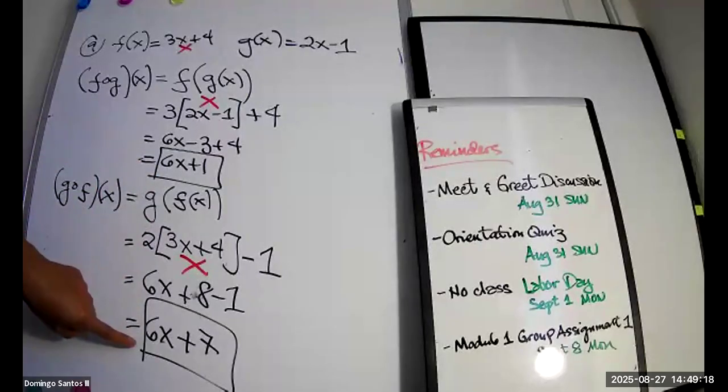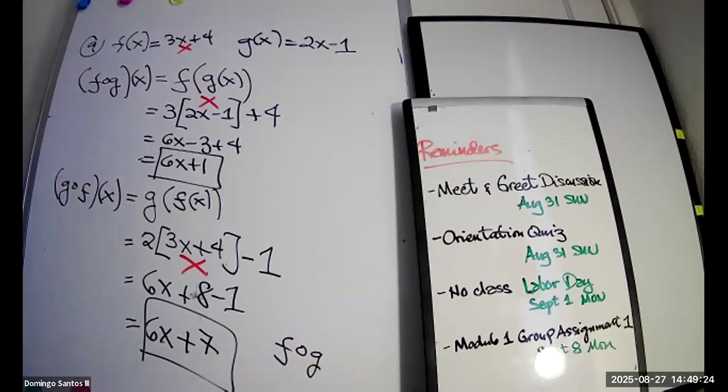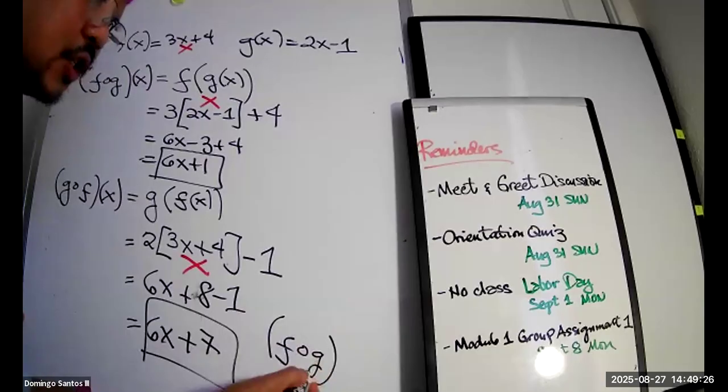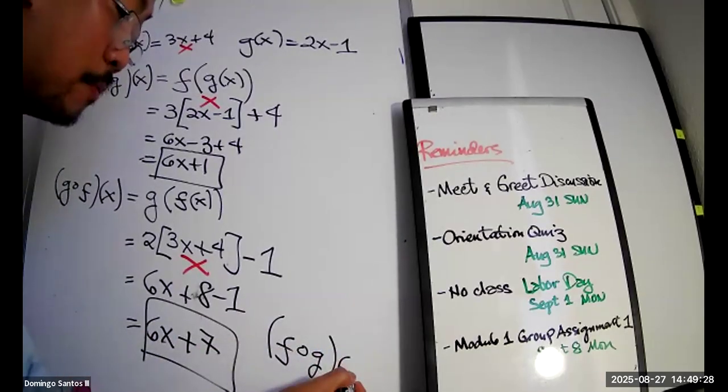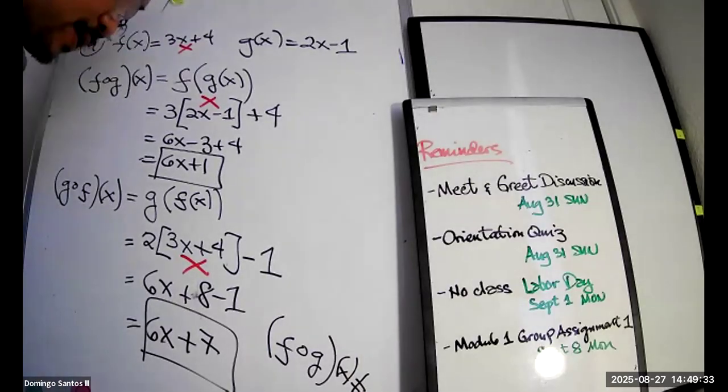No, right? Because this is 6x plus 1 and this is 6x plus 7. Meaning that the composition function, or the composition operation, is not commutative. It's not equal to G circle F. Let me write it here.